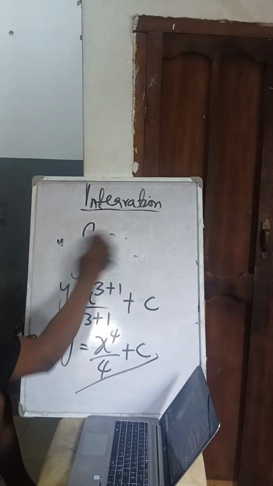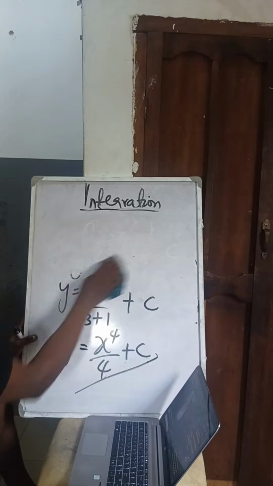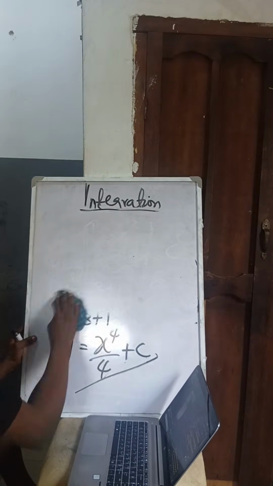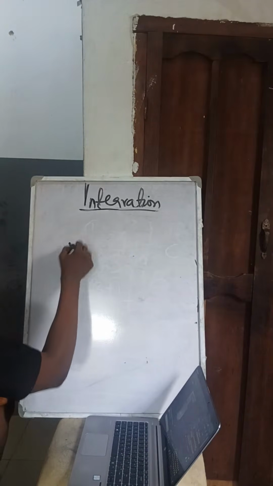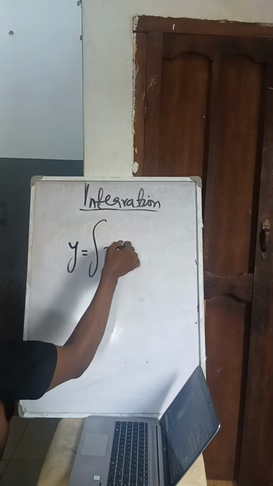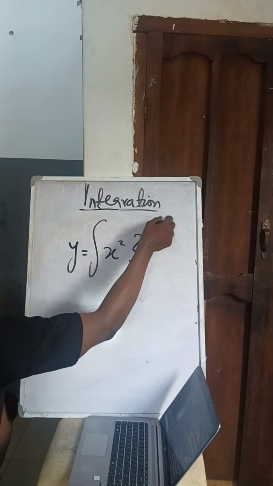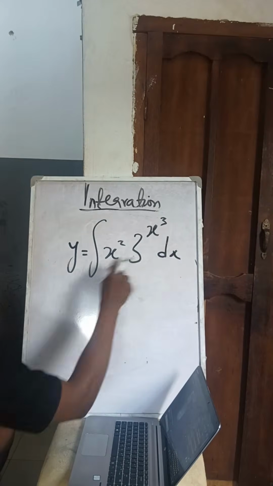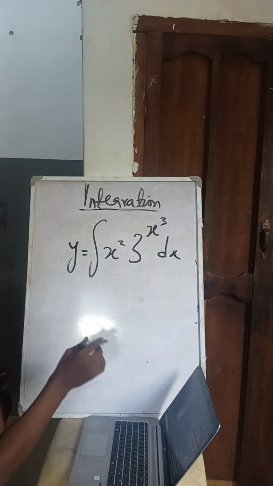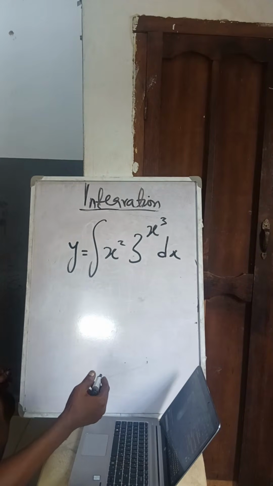Beautiful. The integral of x squared 3^(x cubed) dx. So that is the question you're talking about. If it's like that, there is no problem. That is an exponential function.